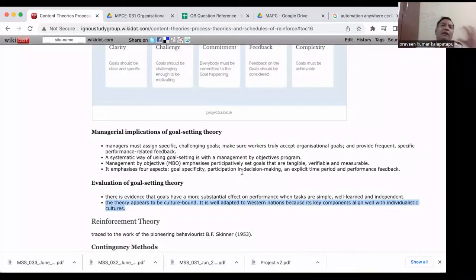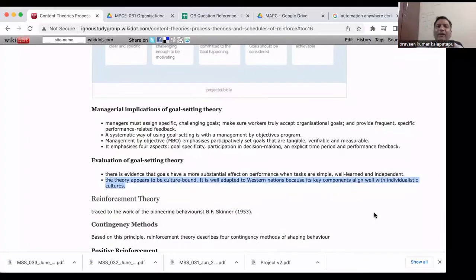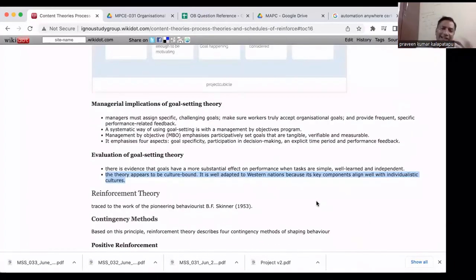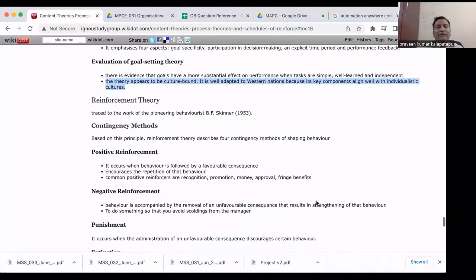Western cultures are more individual in nature. So it is easy to set a goal and go towards the goal from the individual point of view. But when it comes to a group, you are setting team goals rather than individual goals. So there is a slight mismatch in the way that you can give the clarity of it, right? So there is a cultural aspect which is also coming into the picture.